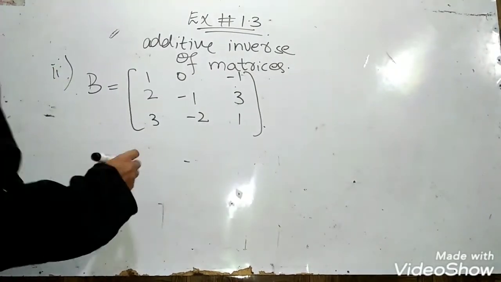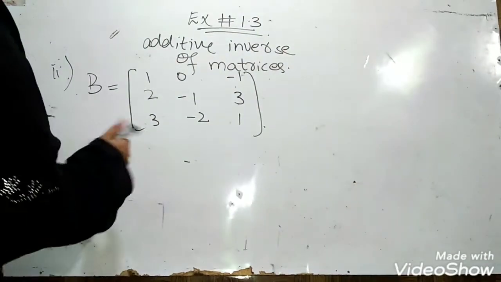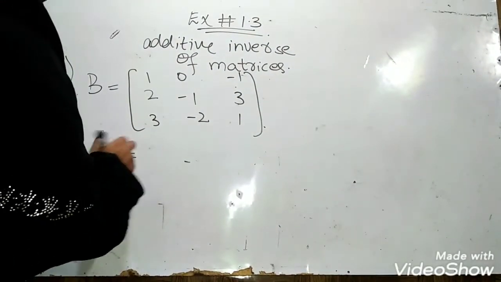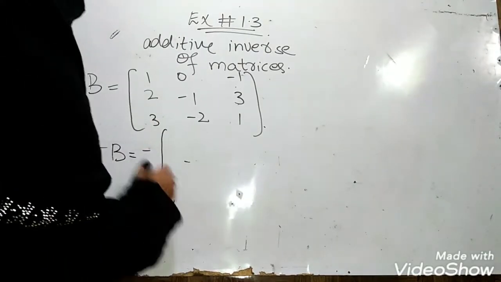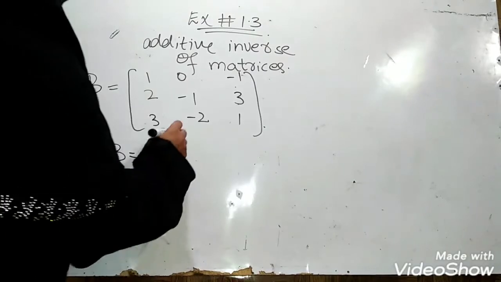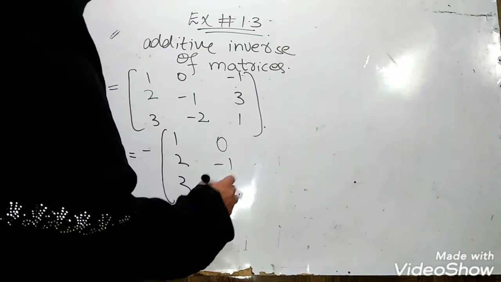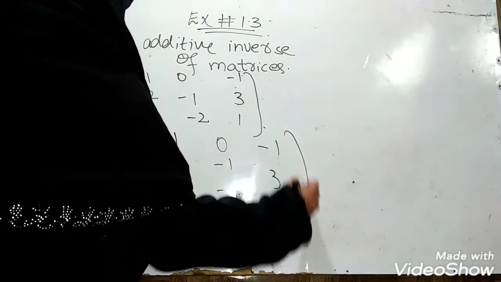It is the second question and we have to find the additive inverse of this matrix. We can take negative of B, which means additive inverse of B, which is equal to negative of the matrix having entries 1, 2, 3, 0, -1, -2, -1, 3 and 1.